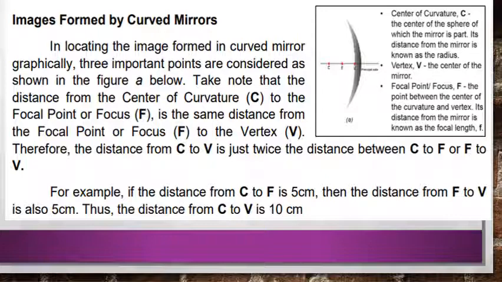Therefore, the distance from C to V is just twice the distance from C to F or F to V. For example, if the distance from C to F is 5 cm, then the distance from F to V is also 5 cm. Thus, the distance from C to V is 10 cm.